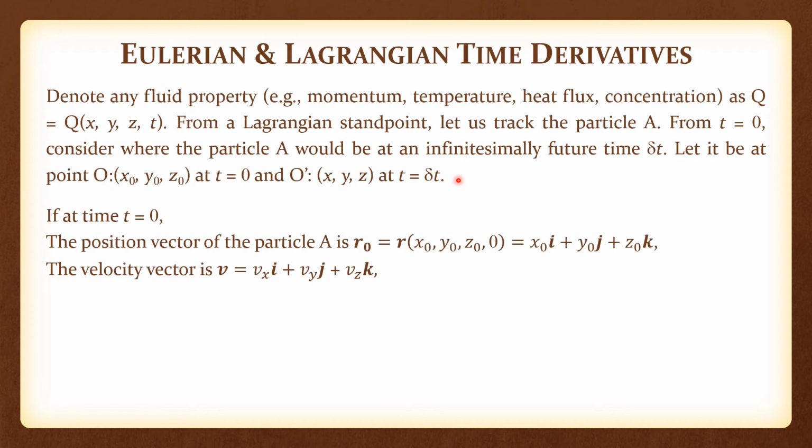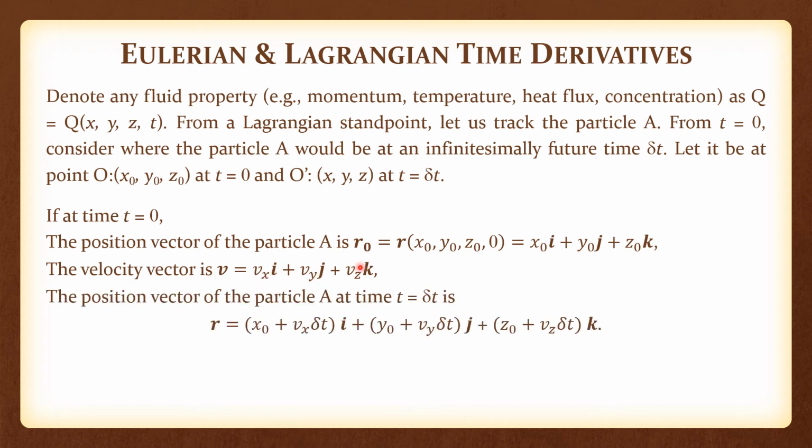So if at time t equal to 0 the position vector of the particle A is r naught, x naught i plus y naught j plus z naught k, and the velocity vector is vx i plus vy j plus vz k, then what is the new position vector?